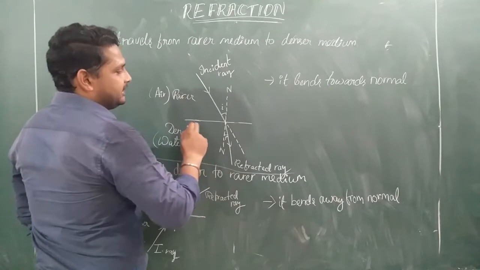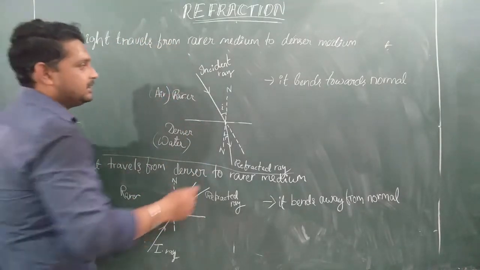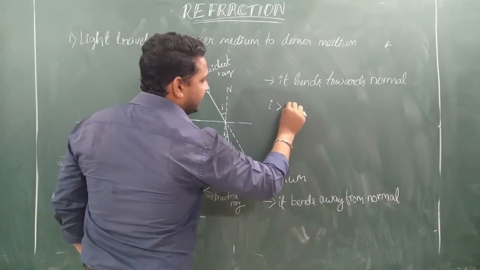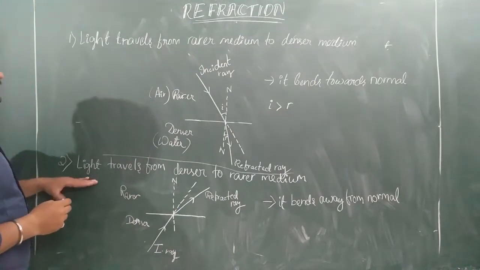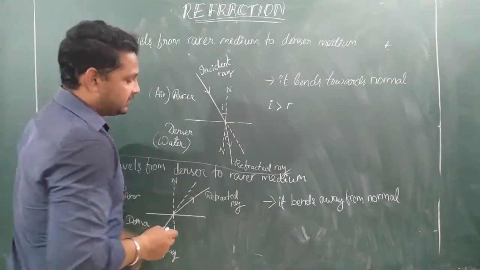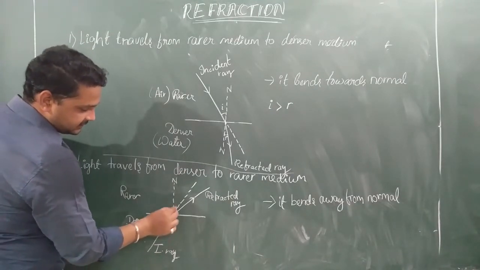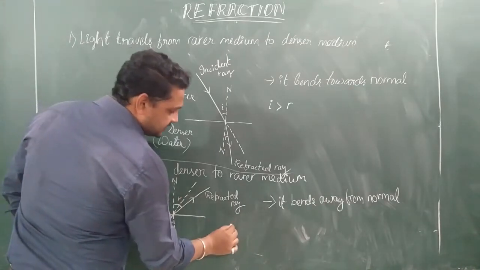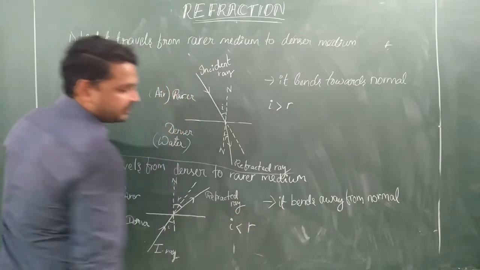So when the light is traveling from a rarer medium to a denser medium, the angle of incidence is greater than the angle of refraction. And when the light ray is traveling from a denser medium to a rarer medium, here you can see this is the angle of incidence, and this is the angle of refraction. So in this case, the angle of incidence is less than the angle of refraction.